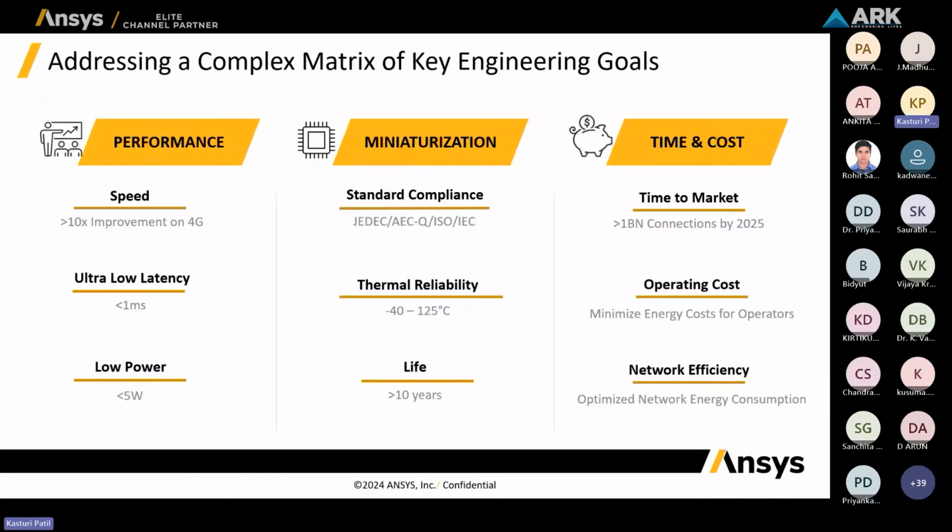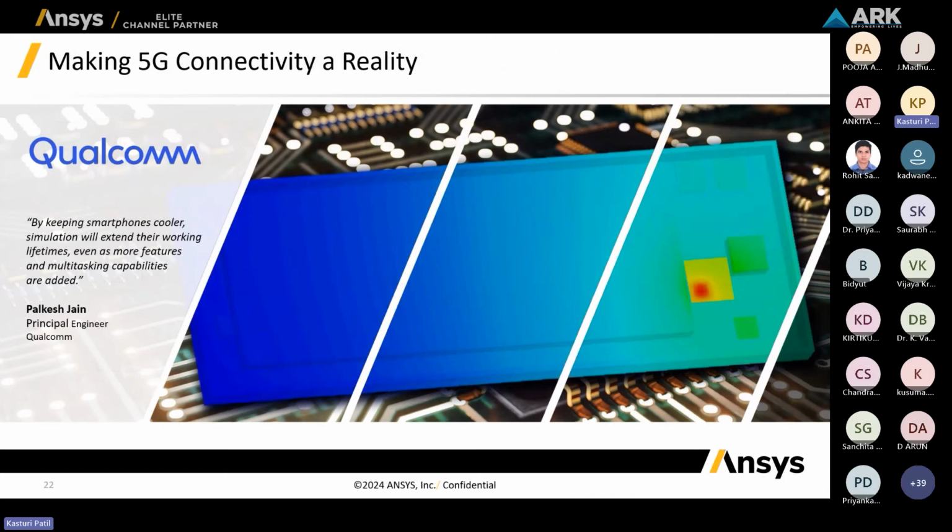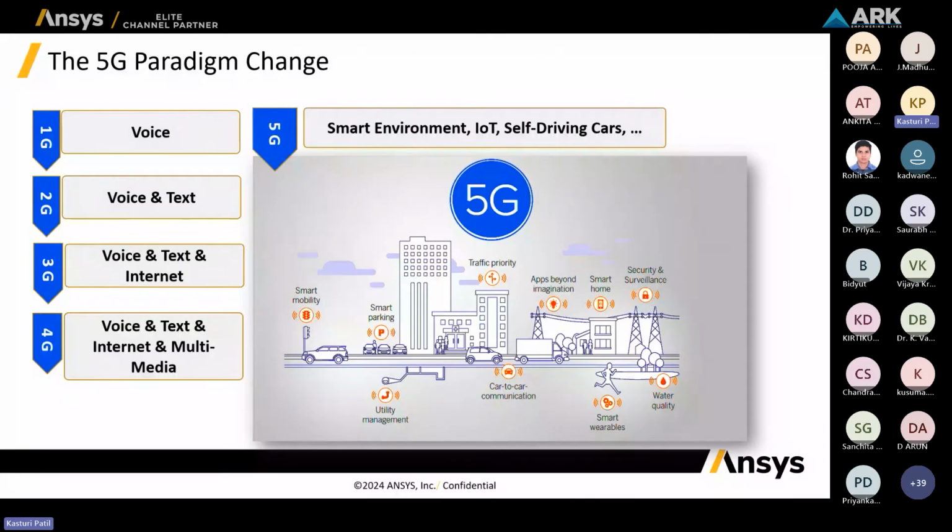Addressing a complex matrix for this engineering goal depends mainly upon performance, miniaturization, and time and cost. Before going in deep, I would like to give a brief intro about this fifth generation, where we are doing the simulation part in HFSS. Smart connected products require a rapidly increasing communication bandwidth, but the radio frequency spectrum available is growing at a much slower pace.